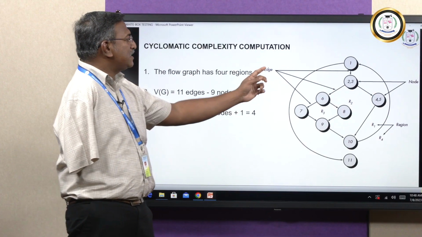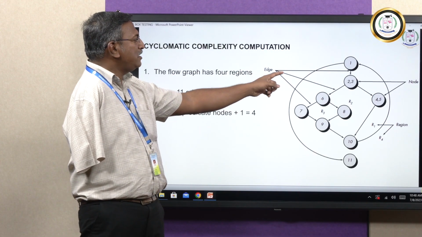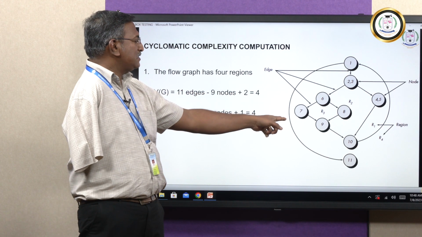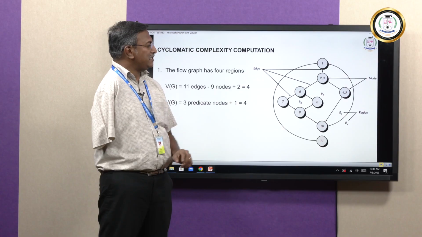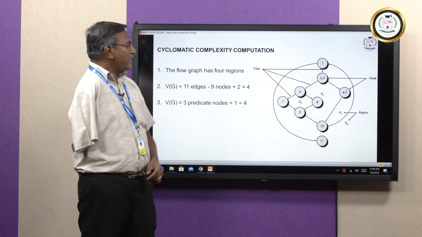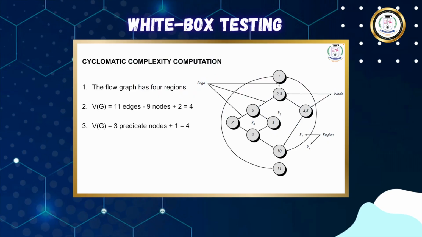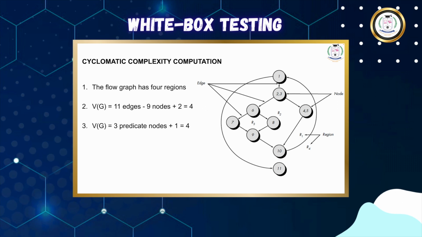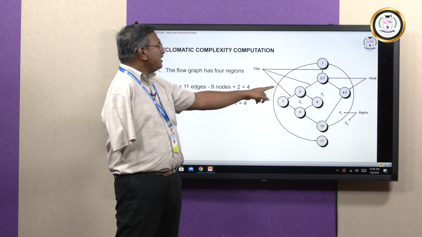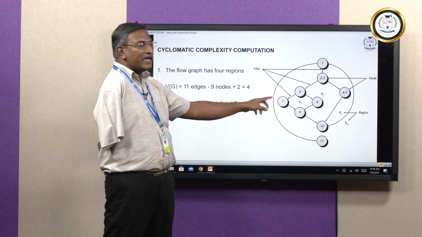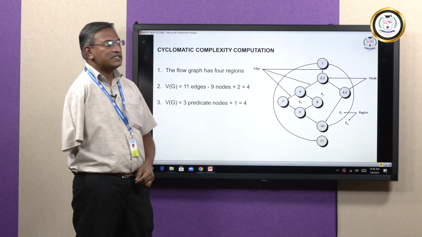If you consider nodes 1, 2, 3, 4, 5, 10 and again 1, it forms region 1. If you consider nodes 2, 3, 6, 8, 9, 10, 4, 5 and 2, 3, it forms region 2. And nodes 6, 7, 9 and 8 form region 3.